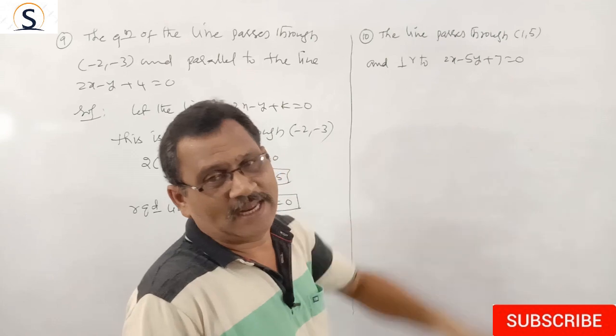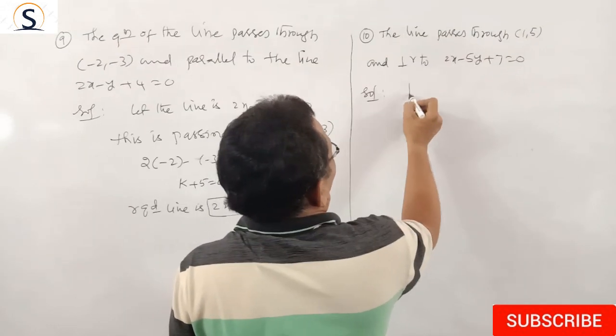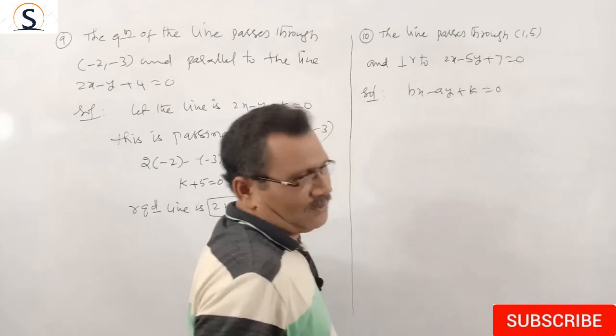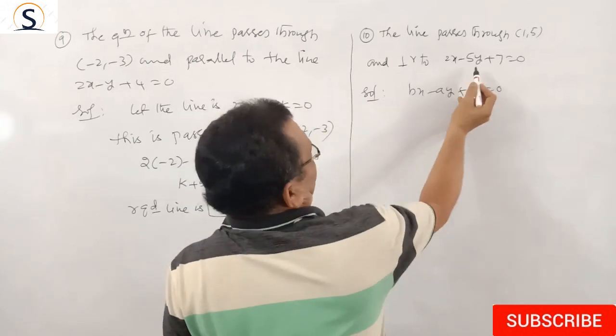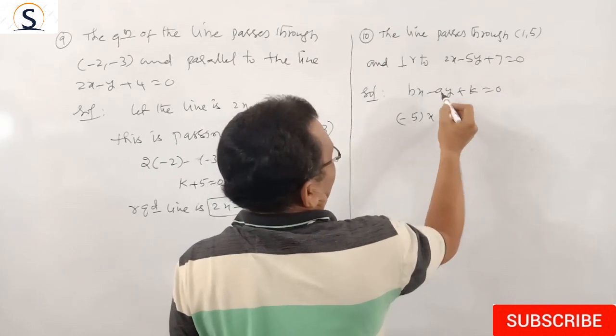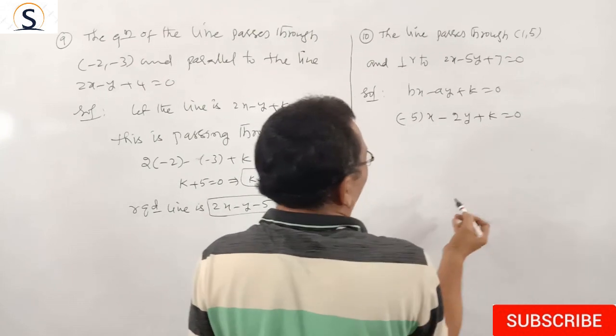Next is asking in the next problem, the line passes through the point 1, 5 and perpendicular to the given line. Perpendicular to the given line formula is bx minus ay plus k is equal to 0. Right? B means y coefficient, minus 5 into x, minus a is 2, y plus k is equal to 0.